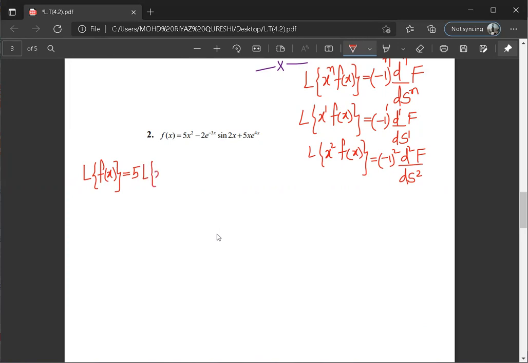Laplace transform of x square minus 2, pulled out, Laplace transform of e power minus 3x sine 2x, 5. Once again we can pull it out, Laplace of x into e power 4x, right? Okay, 5 as it is.